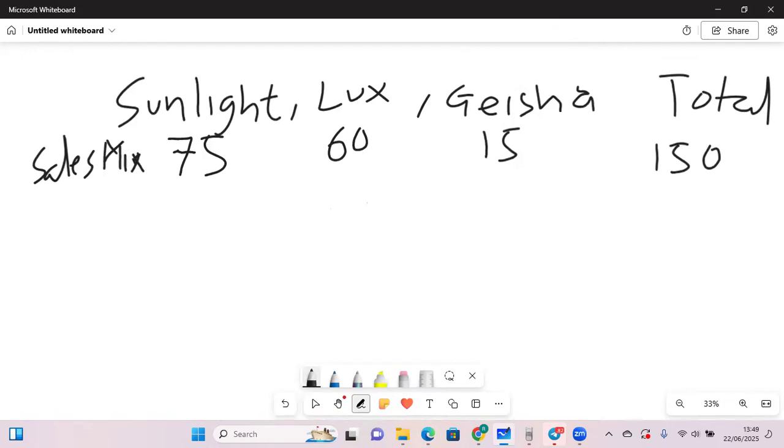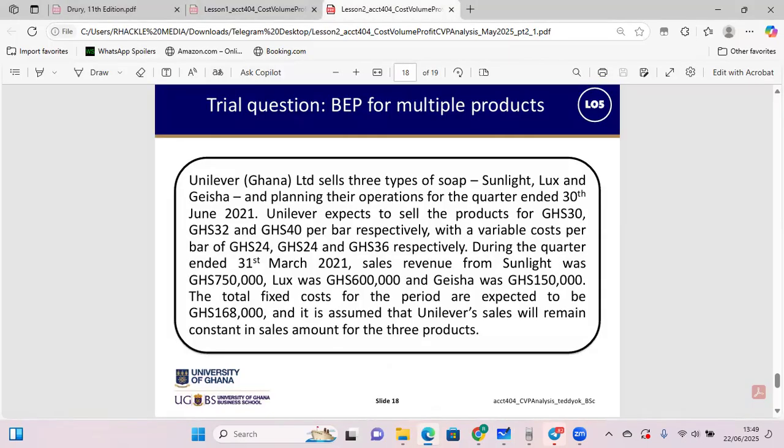Now, instead of solving for contribution, I'm going to solve for the contribution margin ratio, CMR. For Sunlight, the selling price is 30, so 30 minus 24 all over 30.